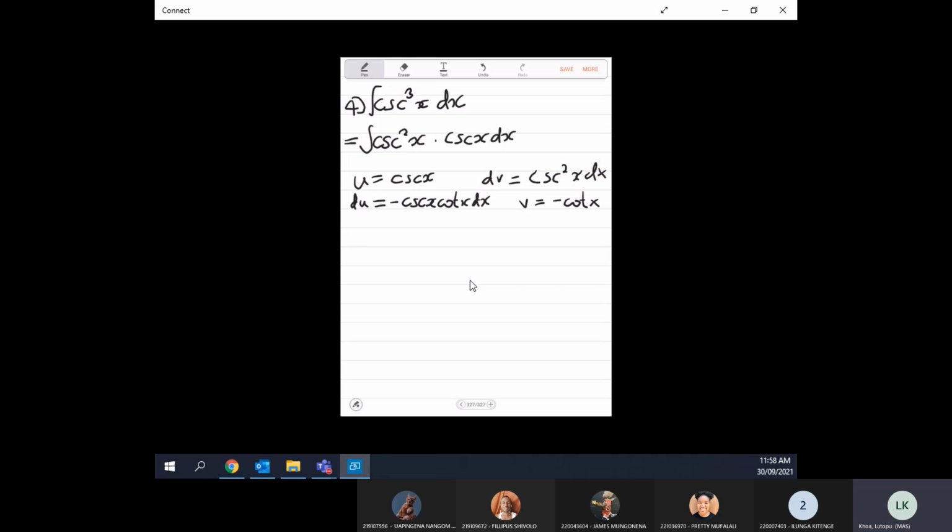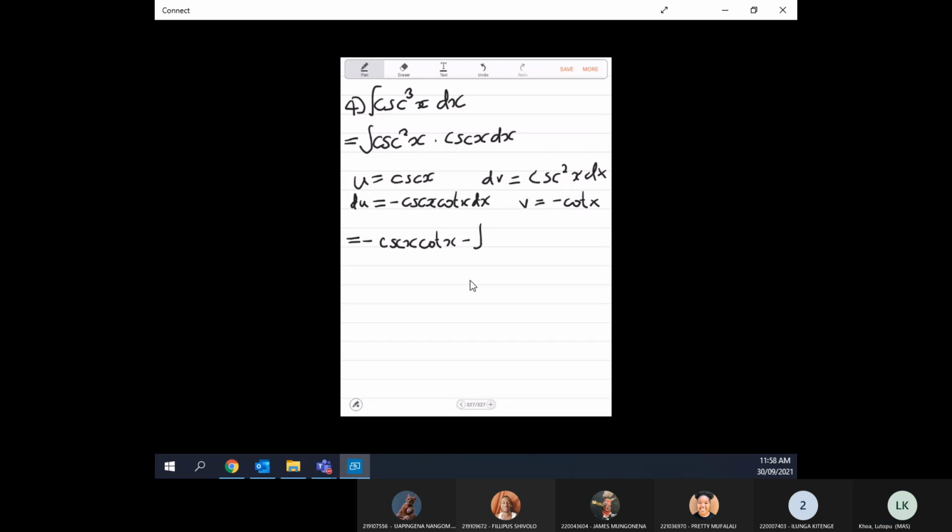Okay, so we have our terms needed for the integration by parts. So this is u times v, so it's minus cosec x cot x minus the integral of v times du. You can see that v is negative, du is negative, so negative and negative will give me a positive term.